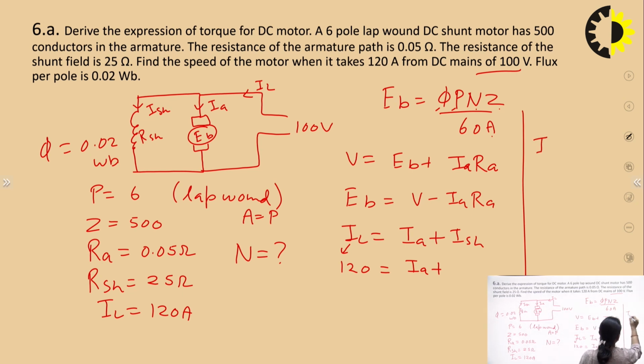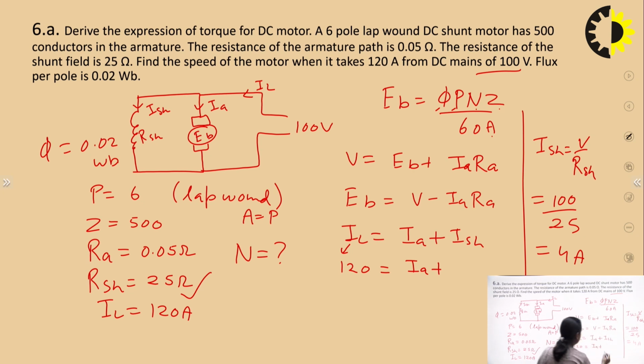Ish can be found as Ish is equal to V upon Rsh. So V is given 100 and Rsh is given 25 ohm. So dividing by 25, this is equal to 4 ampere, right? So Ia is equal to 120 minus 4, which is equal to 116 ampere.